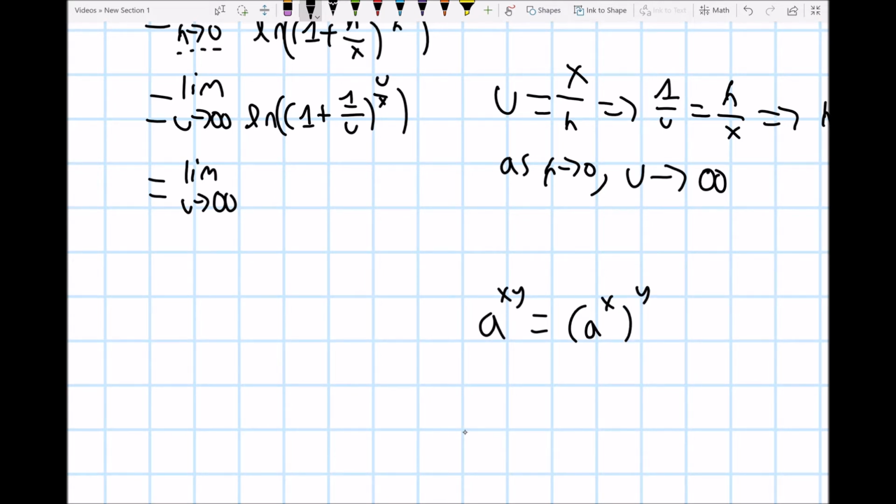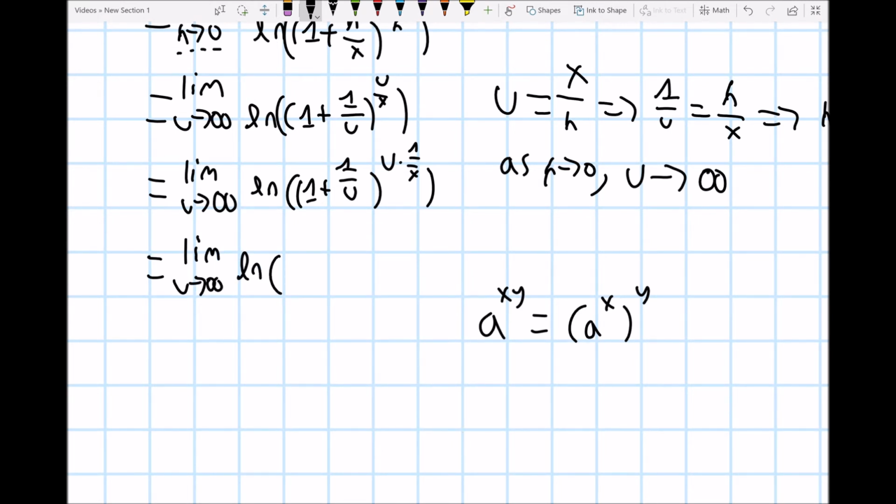So this is the limit as u approaches infinity of the ln of 1 plus 1 over u to the exponent u times 1 over x. We can now say this is the limit as u approaches infinity of ln of 1 plus 1 over u to the u, and then all that to the 1 over x. The 1 over x is inside the logarithm, just so you know.